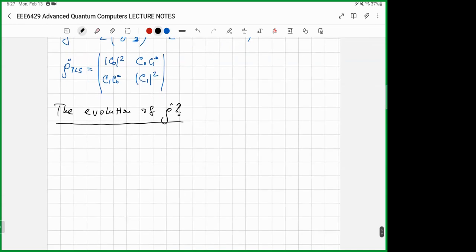The density matrix is another way to represent quantum mechanics, and of course the density matrix has its own evolution differential equation. And this is important because this differential equation is named after the scientist von Neumann. It's the von Neumann equation.